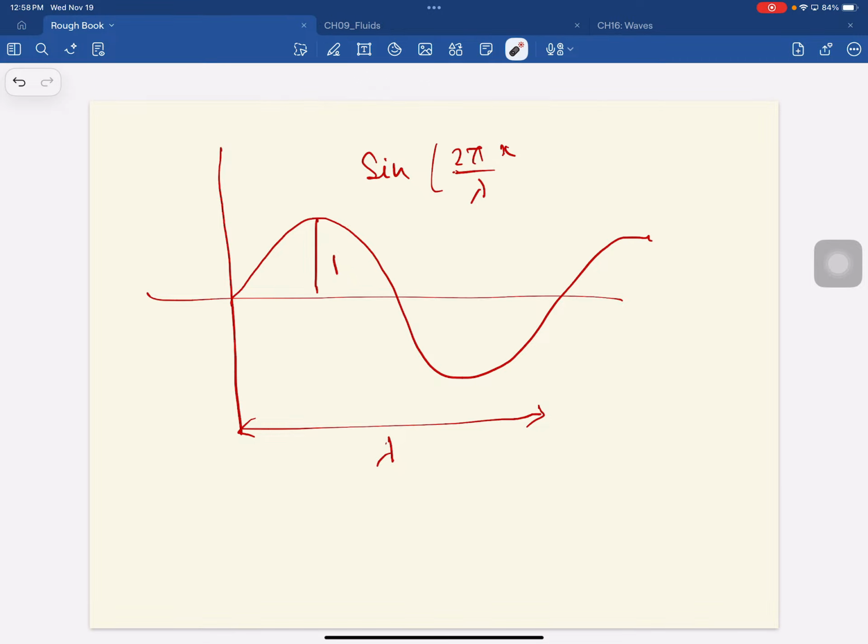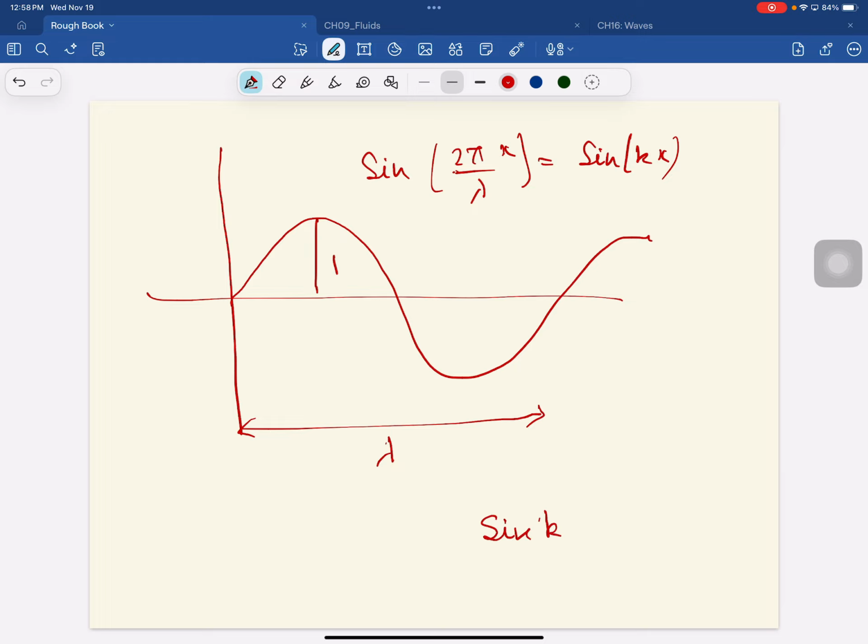This was the wave number. That's why we defined the wave number k. So this was equal to sine kx. Now you want this to travel to the right, so all you do is replace kx by k times x minus vt.